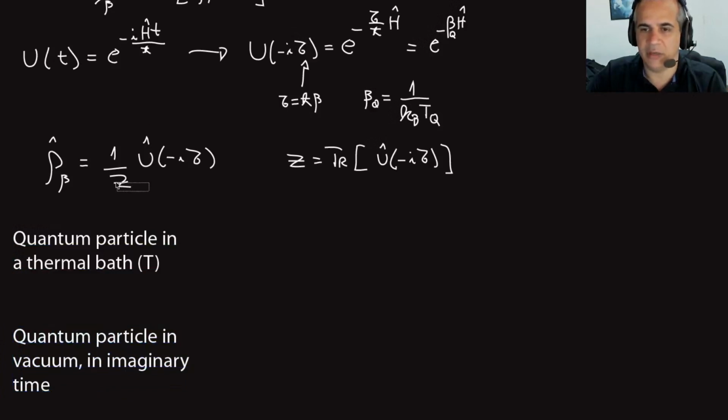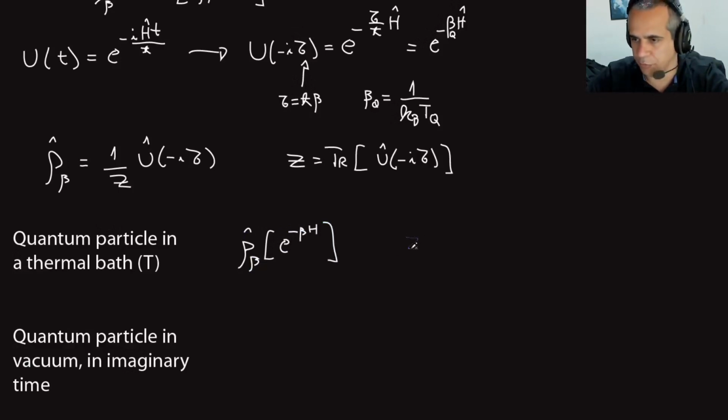But I'm treating this second one in imaginary time. I'm doing a Wick rotation. So this guy is characterized by a density matrix, or if you will, partition function.